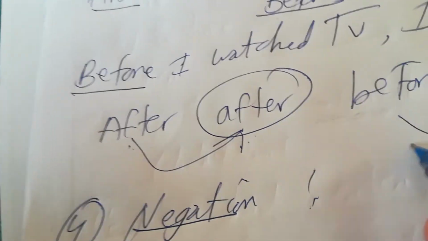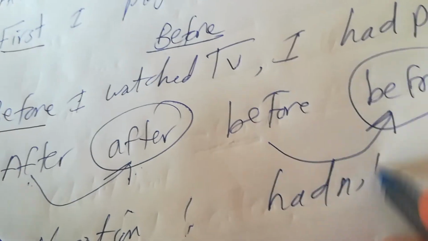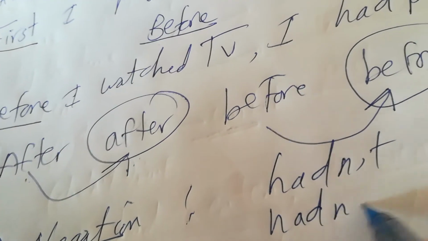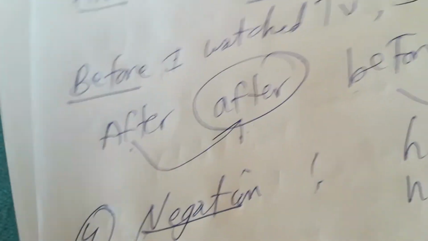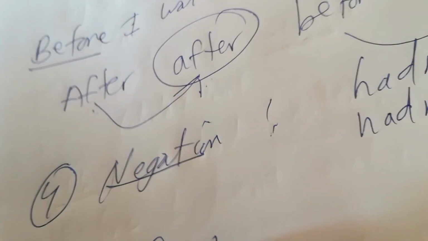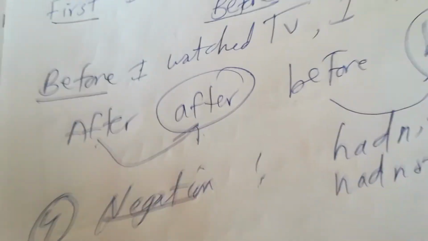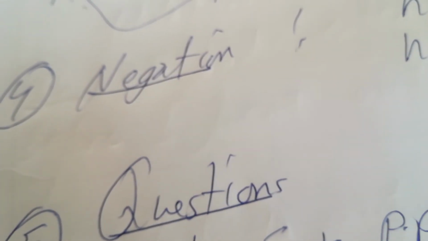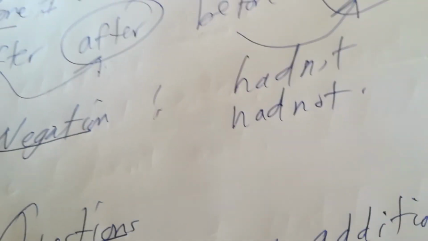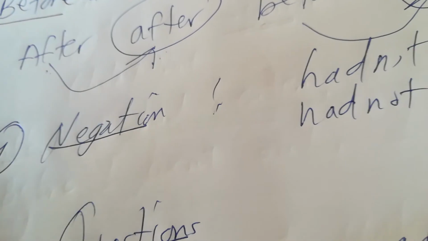I say here had not, hadn't, or I say had not. Number 5, questions. How to put questions in the past perfect? I say had at the beginning plus subject plus PP plus addition, or if you don't have addition you can make a question easily.